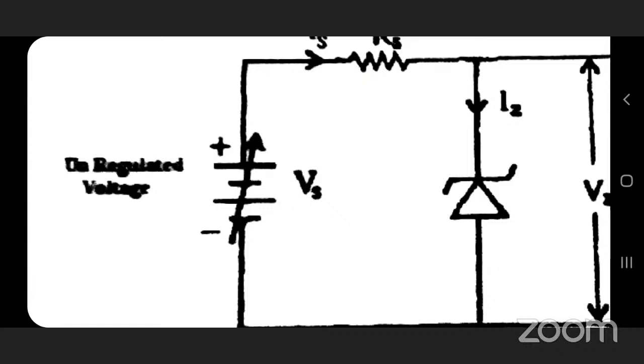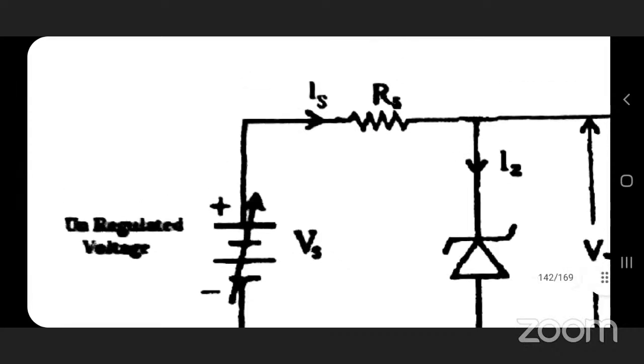According to Ohm's law, V equals IR, so I equals V by R. That means Vs by Rs is nothing but the signal current, that is Is. So this is the Is signal current here.